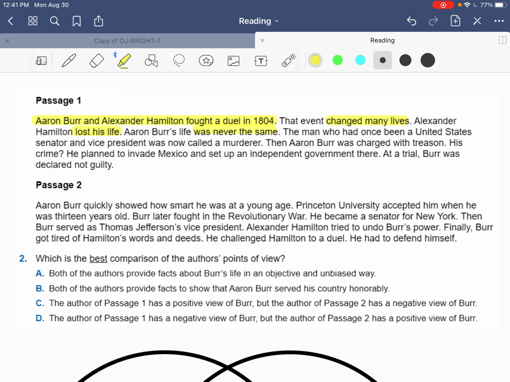The man who had once been a United States Senator and Vice President was now called a murderer. Then Aaron Burr was charged with treason. His crime? He planned to invade Mexico and set up an independent government there. At a trial, Burr was declared not guilty.